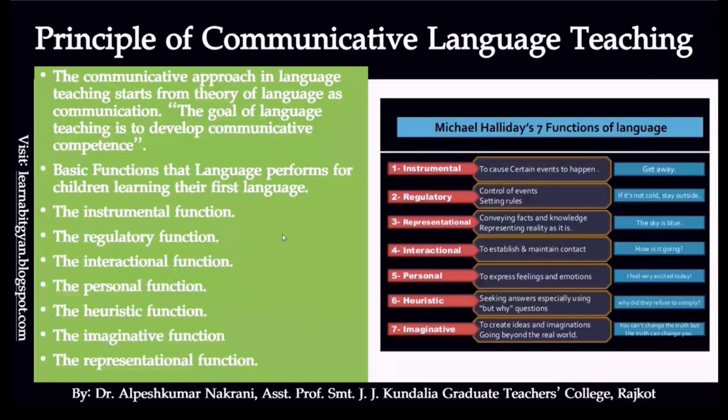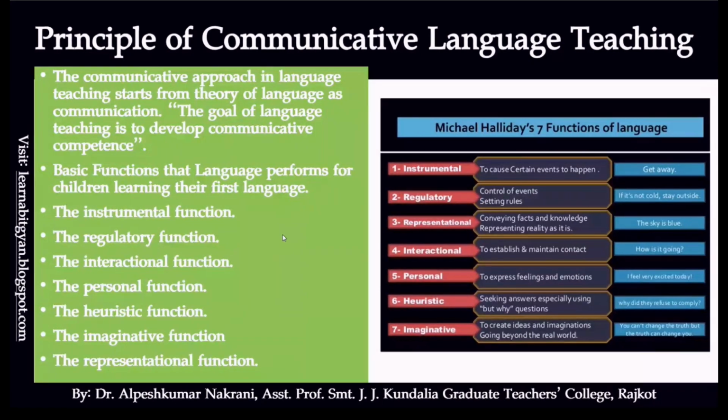First, instrumental means language works as an instrument, as a device to do something, to cause an event to happen. Suppose if you say get away, somebody will go away. Second is regulatory, to control the event and set the rules. We use this regulatory function of language to give rules to the people.